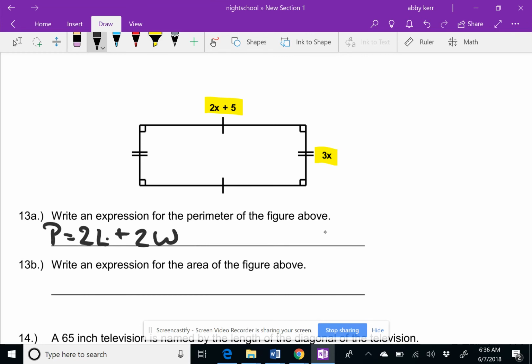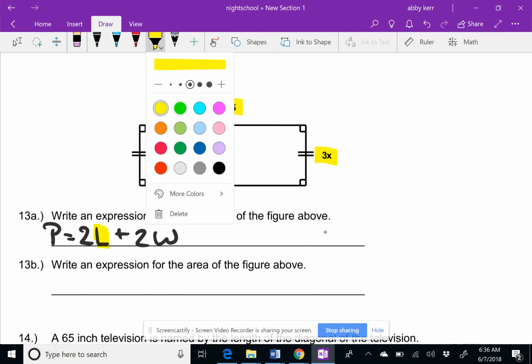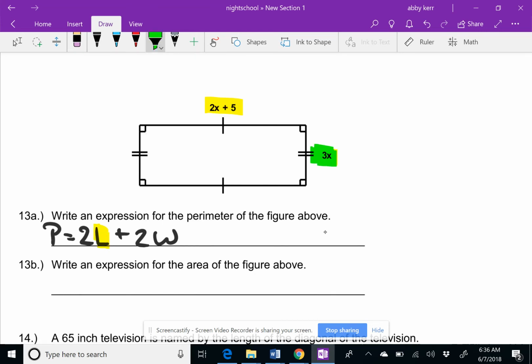Well, if we make our top expression our length, and we make 3x be our width, all you have to do is substitute in.